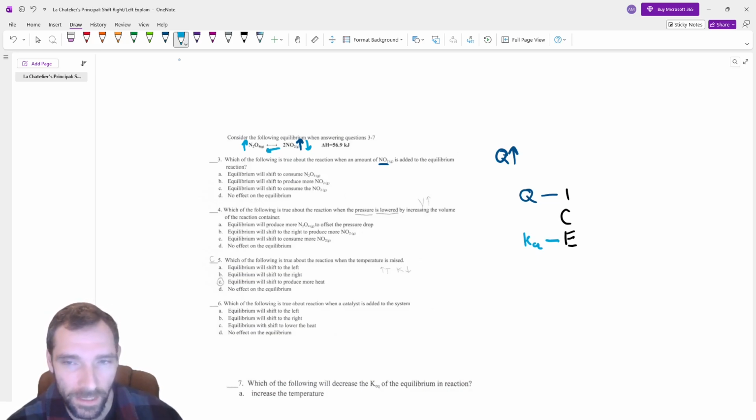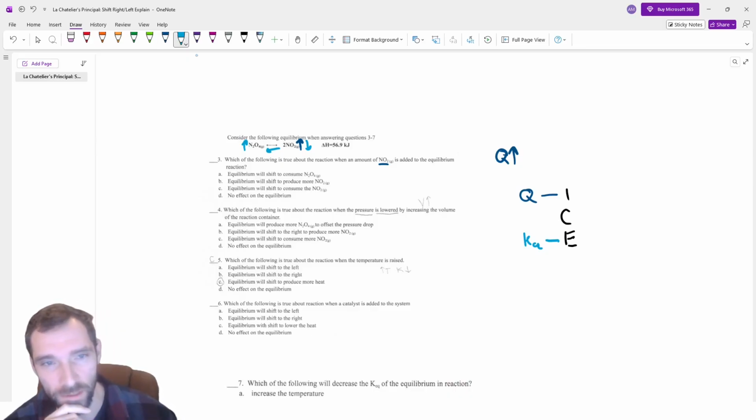If you've made Q be too big, we have to bring that down so that it's more like K equilibrium. So if Q is too big, in terms of the reactants and products, you then end up having a change in response.